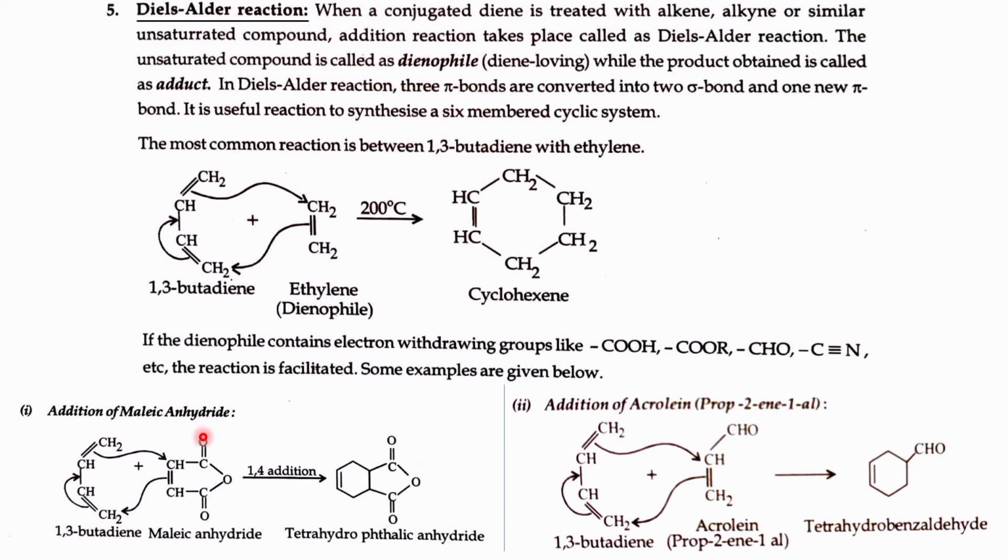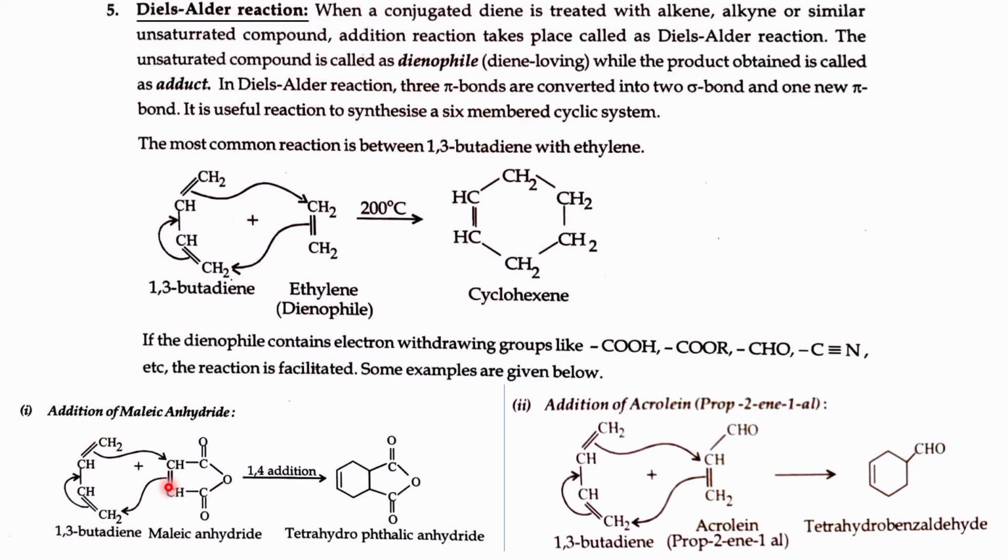We can take two examples of this Diels-Alder reaction. This reaction is carried out with 1,3-butadiene and maleic anhydride. This maleic anhydride also has a C=C double bond structure, so wherever a C=C double bond structure is there, it can be added to form a 6-membered ring.